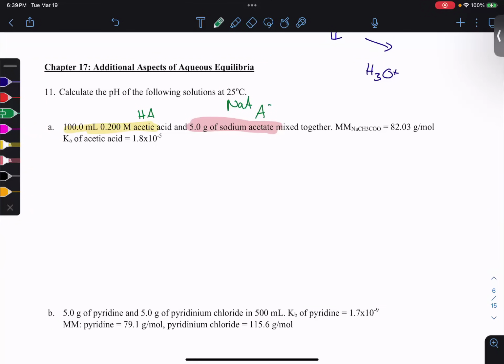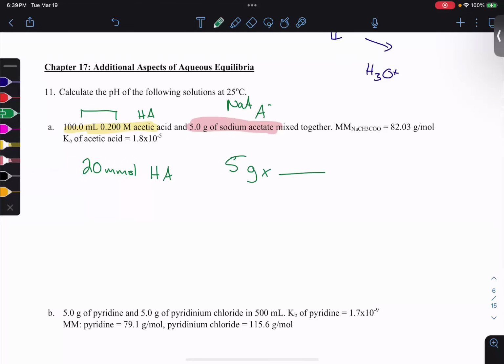First I need to convert those into amounts. I can't just do 5 over whatever. I like to work in millimoles because I'm lazy. So 100 milliliters times 0.2 molarity is 20 millimoles of HA present in this solution.